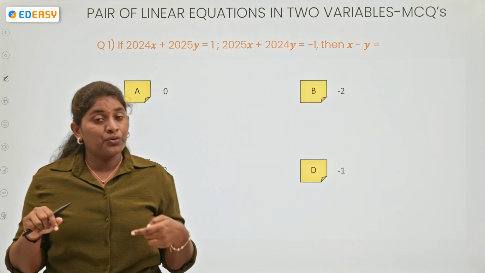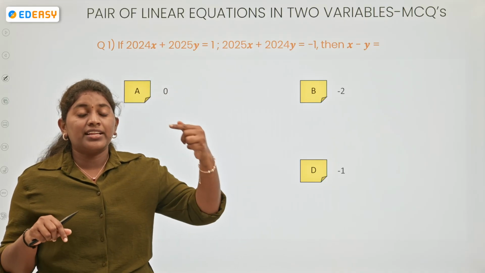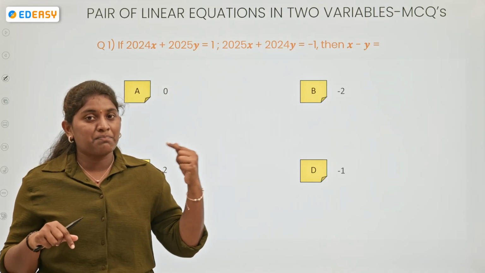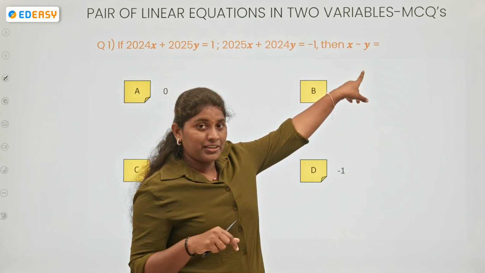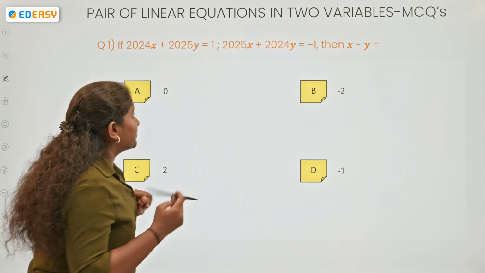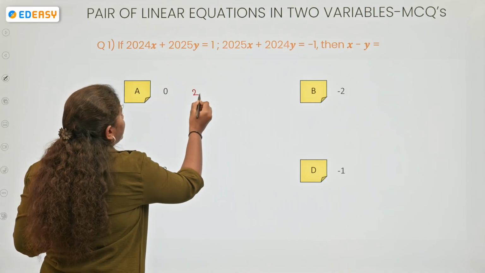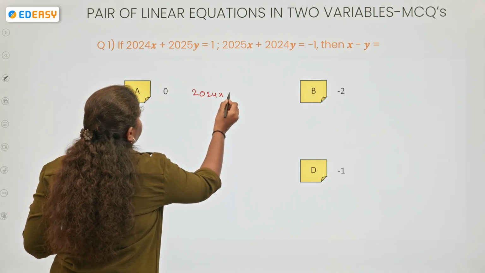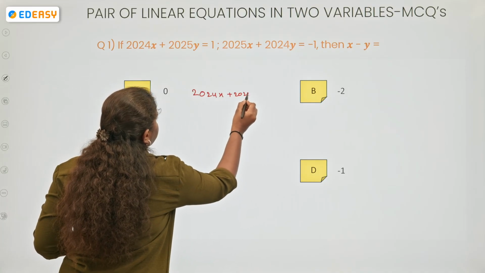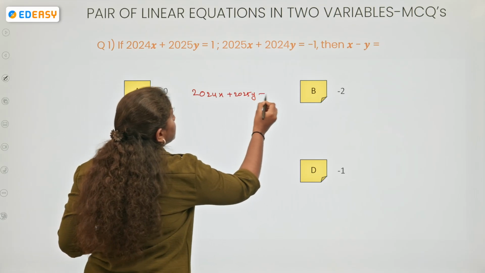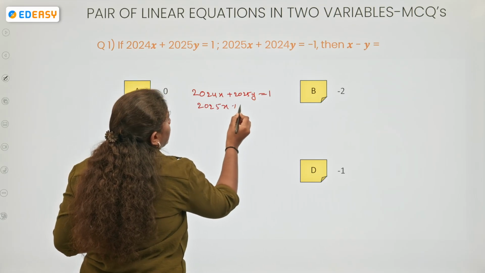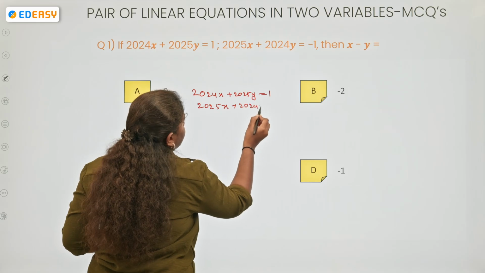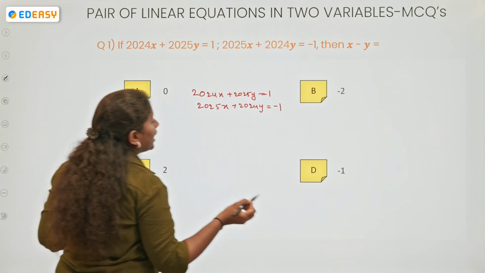So what we will do? First we will check whether on direct addition or subtraction of two equations, are we getting x minus y? Okay, let's see. Coming to here, we are going to take 2024x plus 2025y equals to plus 1 and 2025x plus 2024y equals to minus 1, right?